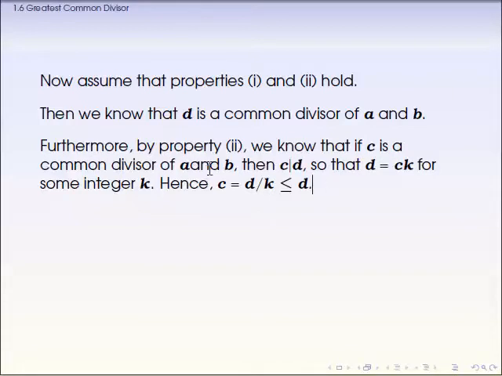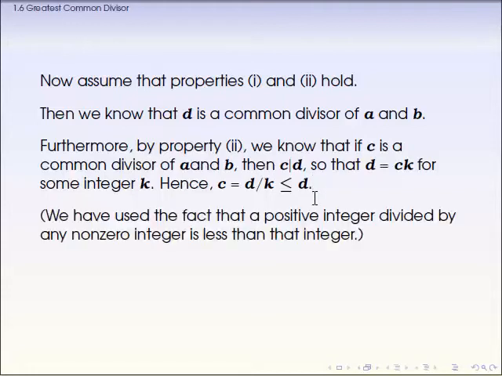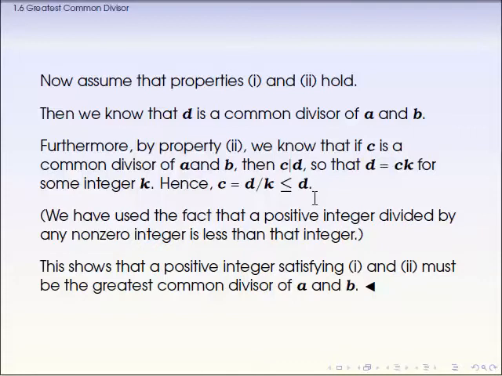So if you choose any common divisor of a and b, it is less than or equal to d. So d must be the largest among the common divisors of a and b. By that, you can claim that d is the greatest common divisor of a and b. That's the end of the proof.